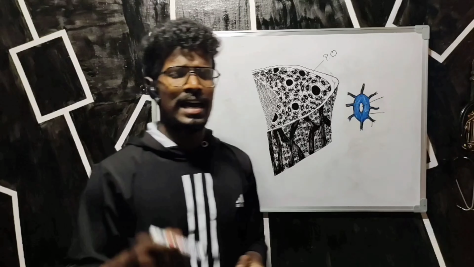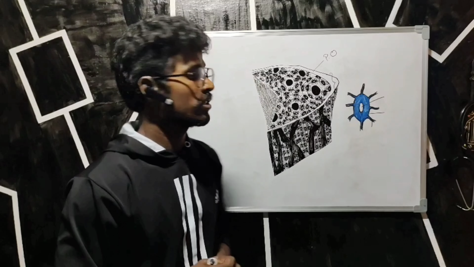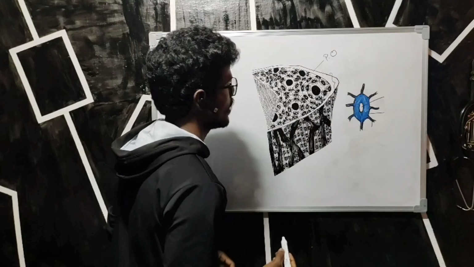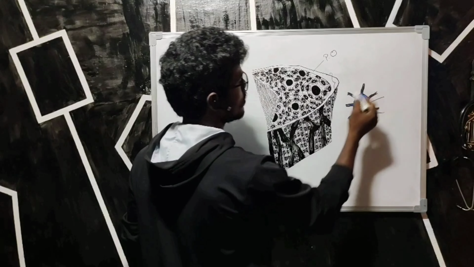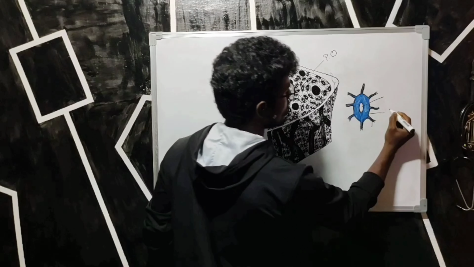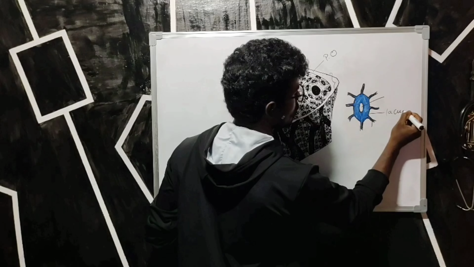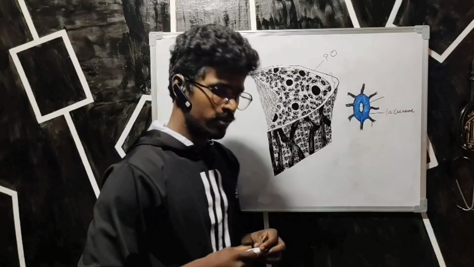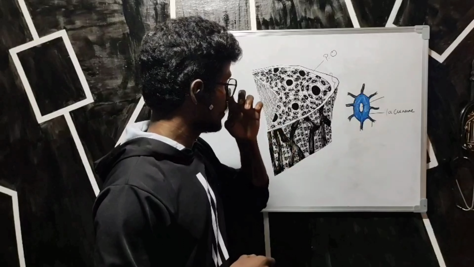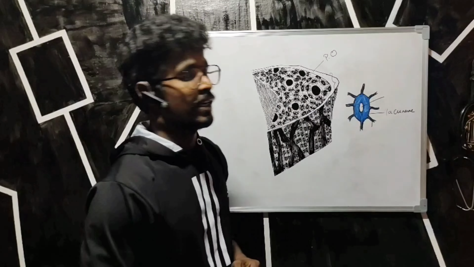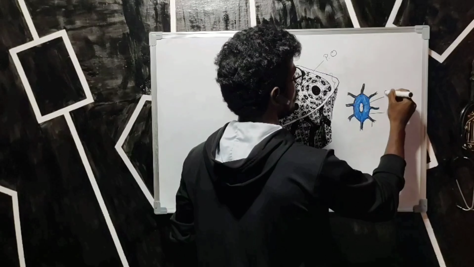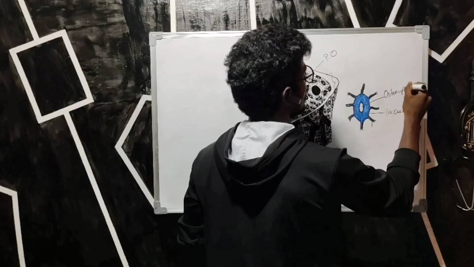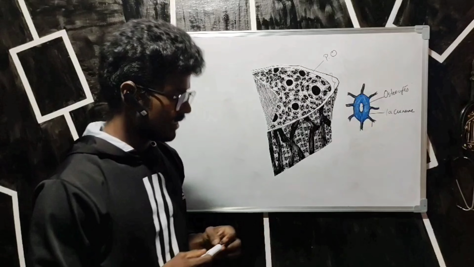So this lamella has spaces between them, which are called lacuna. See, those small spaces are called lacuna. That is the single structure of a lacuna. And these lacunae are the location site for osteocytes, which are the matured bone cells.